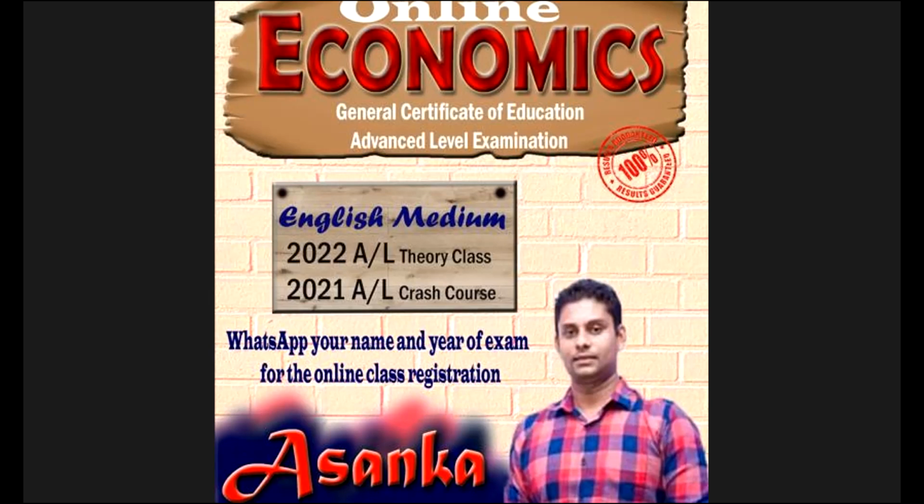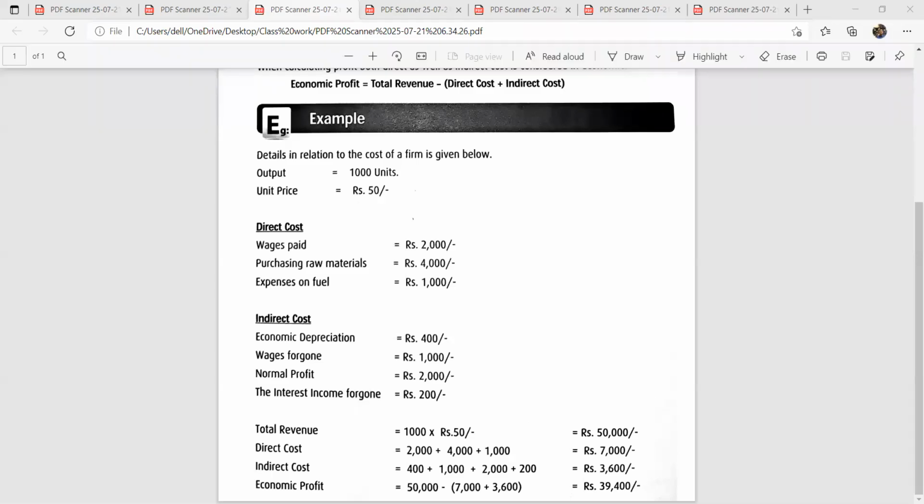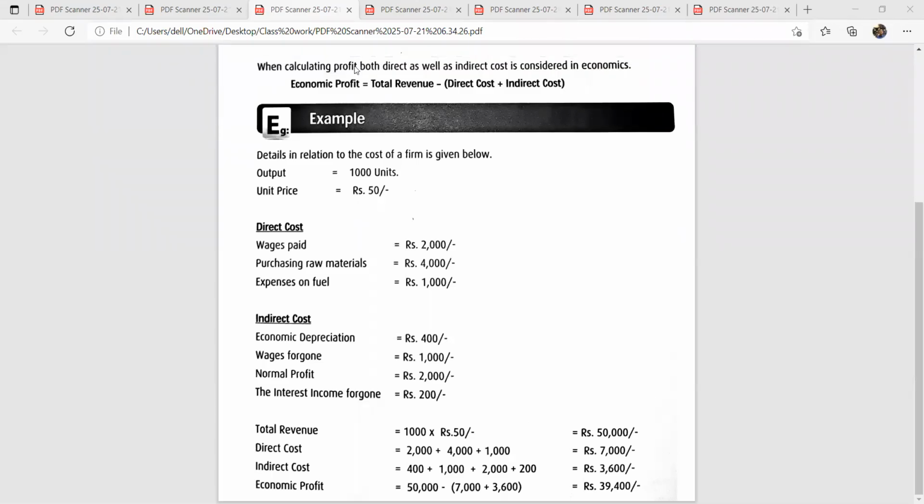If we look at accountant profit, so total revenue minus direct cost.